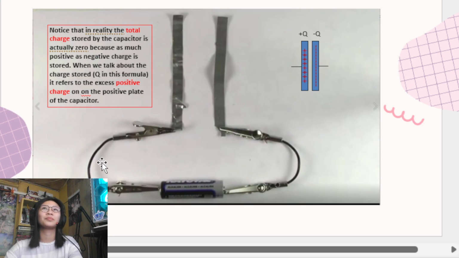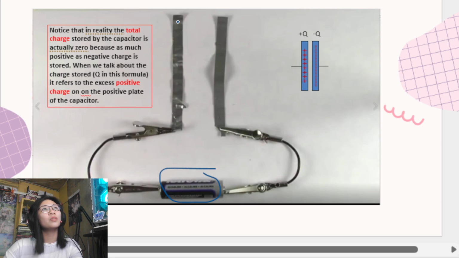But if hatagan nato sila og source, for example here we have a battery as a source, hatagan nato sila battery. Now we have what we call the electric force between them.